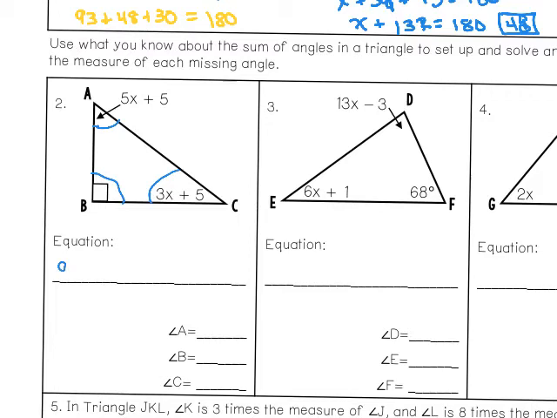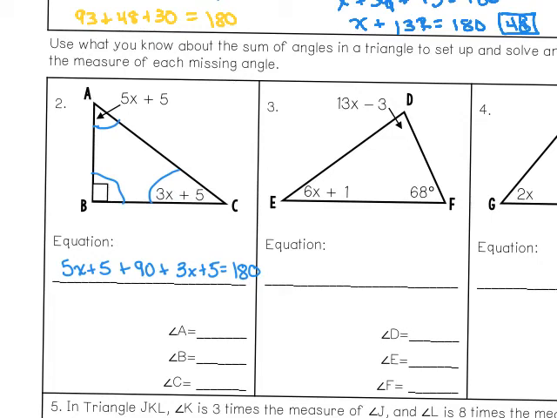Okay, so I'll do it in order. So we say angle A plus angle B plus angle C all equals what? 180 degrees.